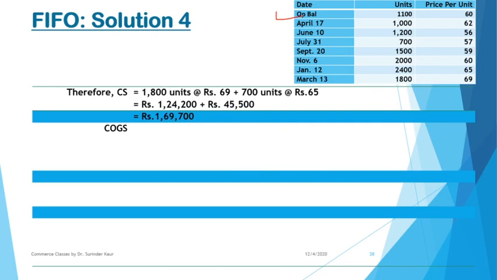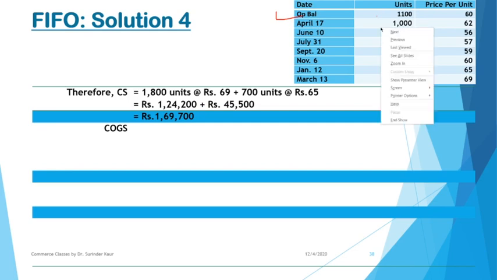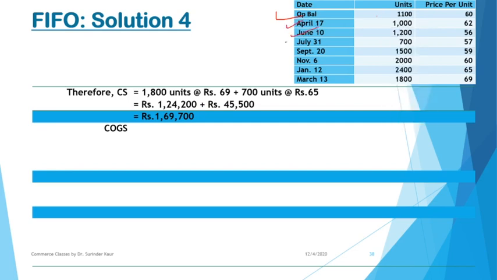Now coming to cost of goods sold. So from the flow of inventories, we know that opening stock was sold. Then you had this lot fully finished, next lot fully finished. So these lots are fully finished. Your last lot was left, and out of this 700 units were left. It means in this lot we have sold 1700 units.